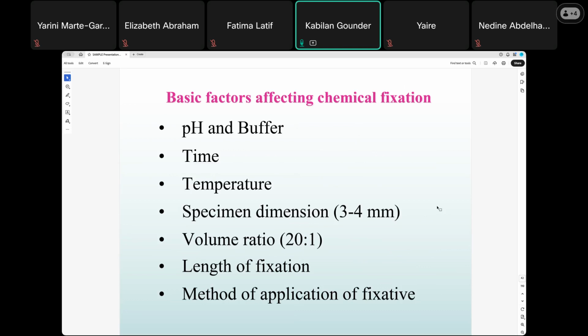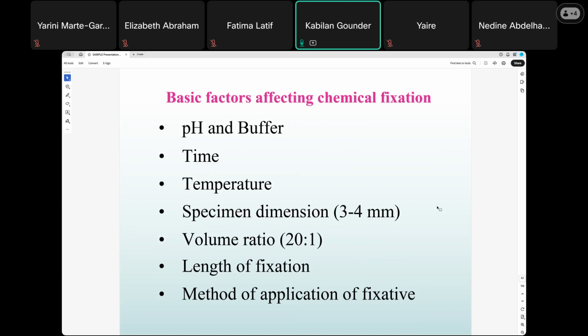Temperature is always important because some chemicals are stable and some are unstable, so we have to maintain the temperature. Also the size of the samples. When you do a biopsy, or if you have a bigger piece of sample to analyze, you cannot process the entire tissue or organ.